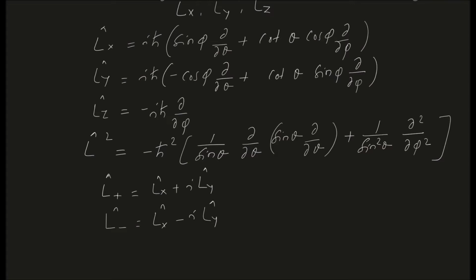So these are the things we need to start our eigenvalue problem for the orbital angular momentum operator. So let's see how to get the eigenvalues and eigenfunctions of orbital angular momentum.